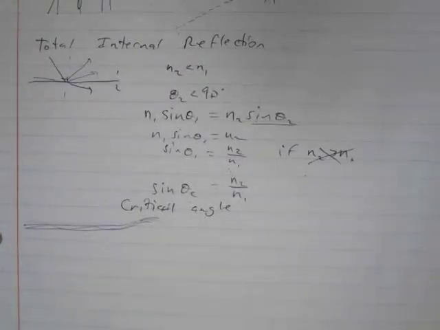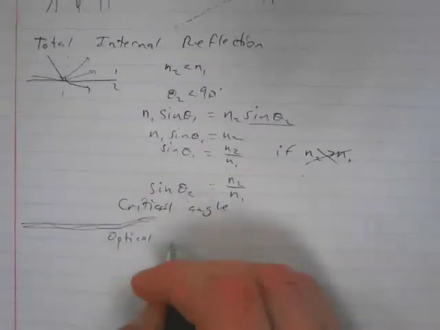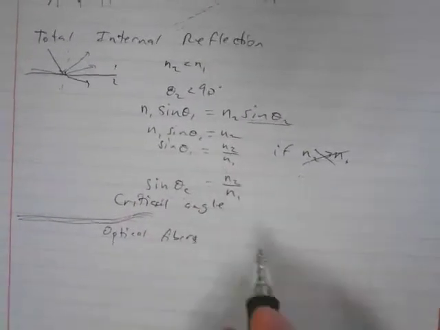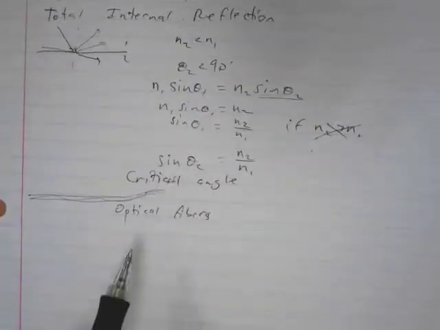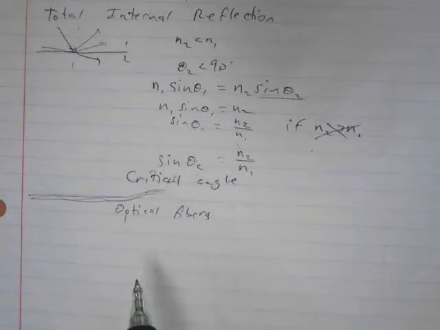So there's optical fibers, and they're used for information transfer. They're also used in those snaky sort of cameras that are used in medicine a lot, where they'll stick a camera through an incision and move it around and be able to look at things inside your body.